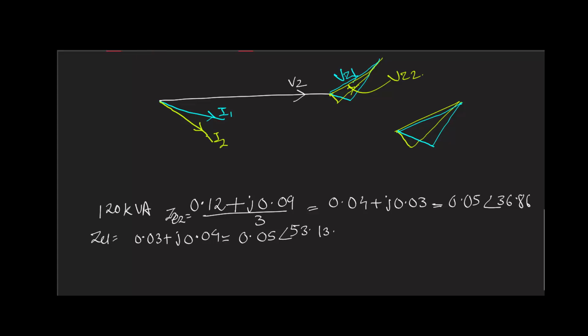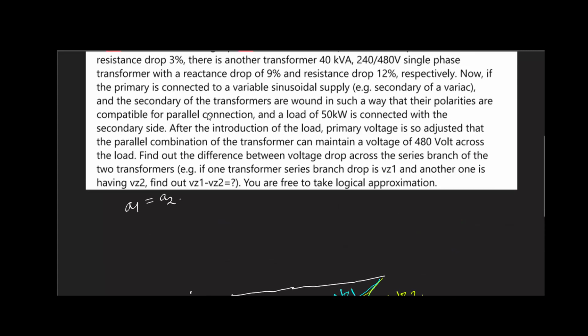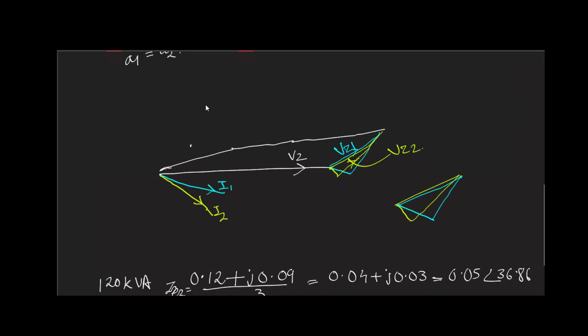Clearly, VZ1 and VZ2 are both equal in magnitude, and this is our V2. So the drop across these two series branches VZ1 and VZ2 is zero, and you are free to take a logical approximation, meaning you can discard the information regarding your current branch, right.